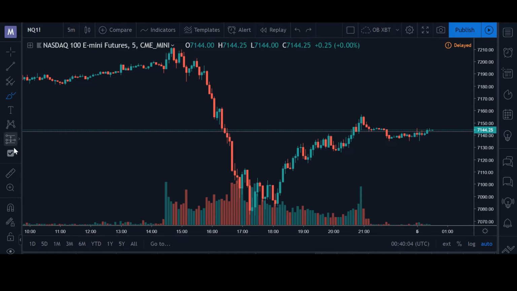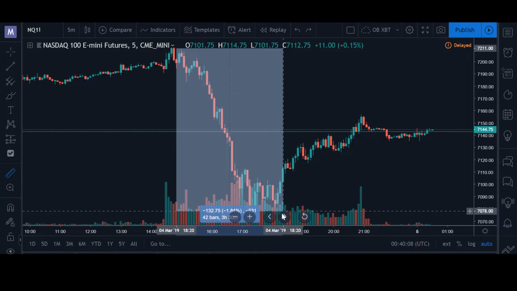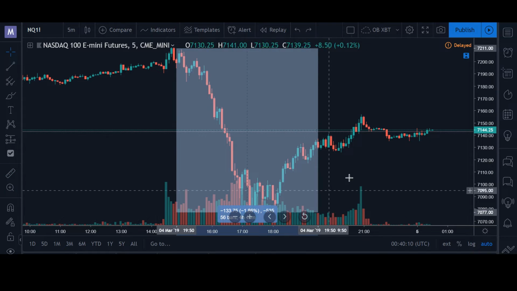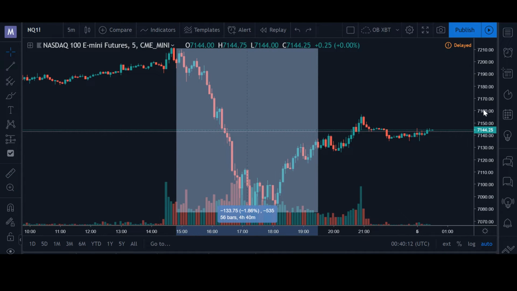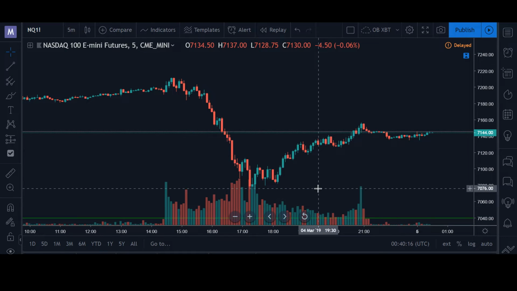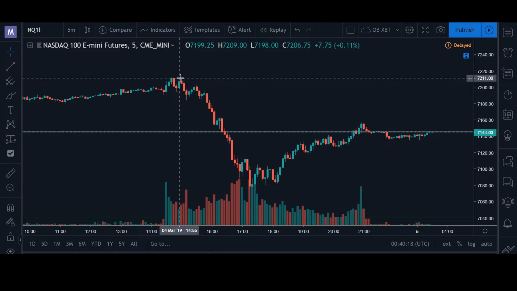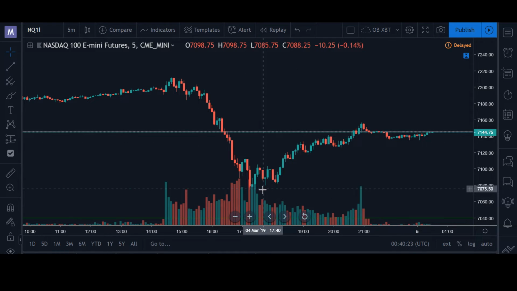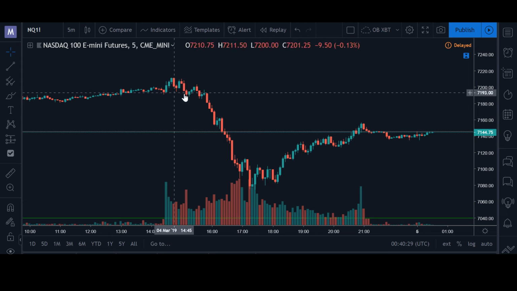This downside move was the equivalent of almost 130 points, a little more than that. So we peaked at 72.11 and went all the way down to 70.75 today, just this morning, basically.